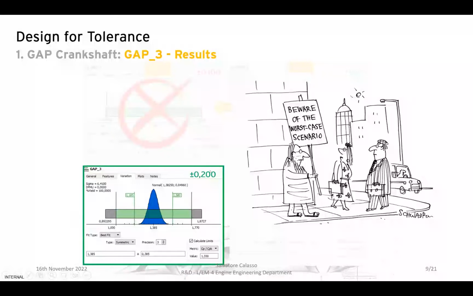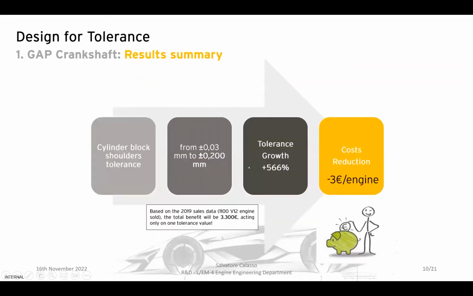So we modify the value coming from plus minus 0.03 millimeter to plus minus 0.2 millimeter. So finally, the result was a tolerance growth plus 566%. That in terms, we estimate a cost reduction of €3 for engine.